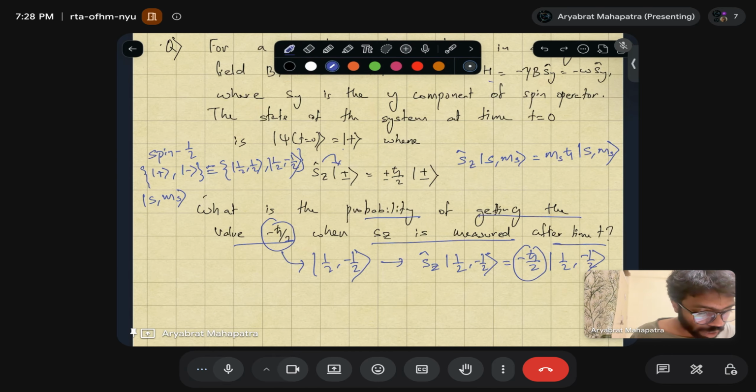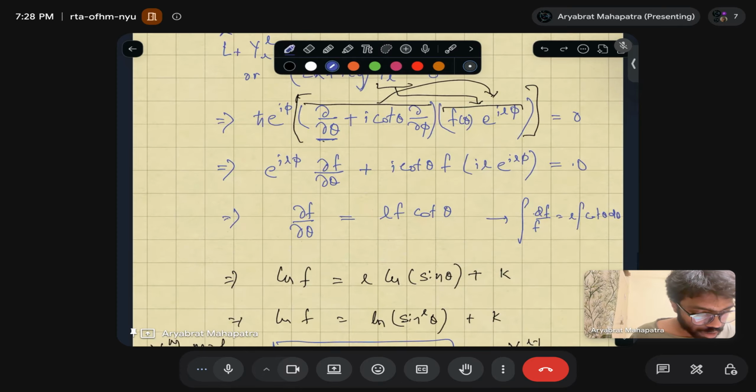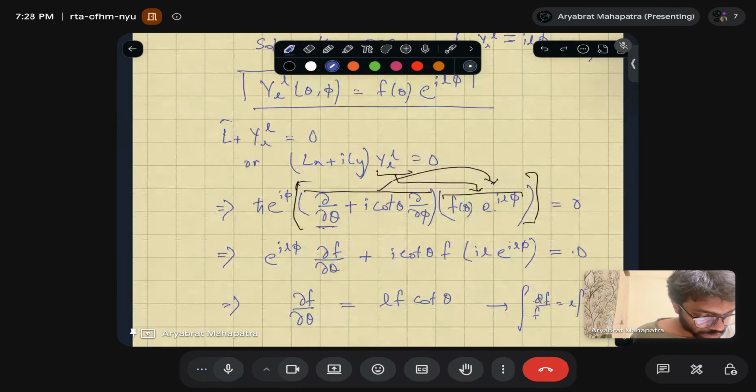Let me check YLM. So, no, you can also treat this YLM as some operators as well.